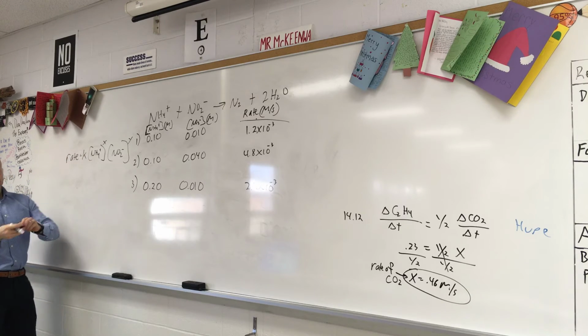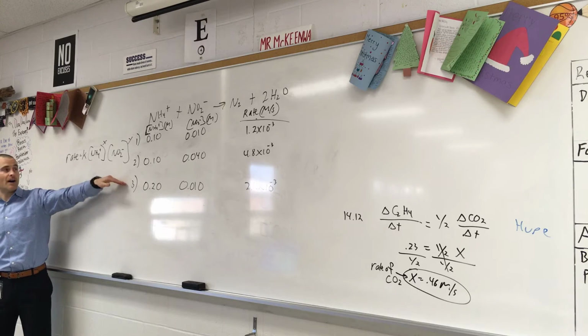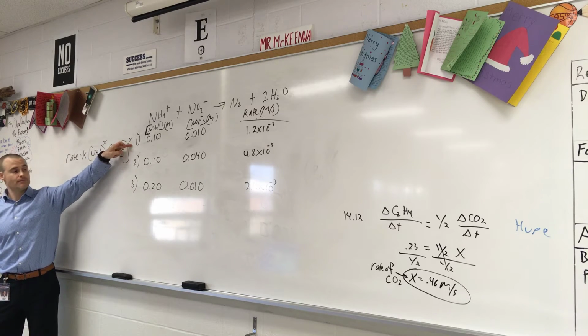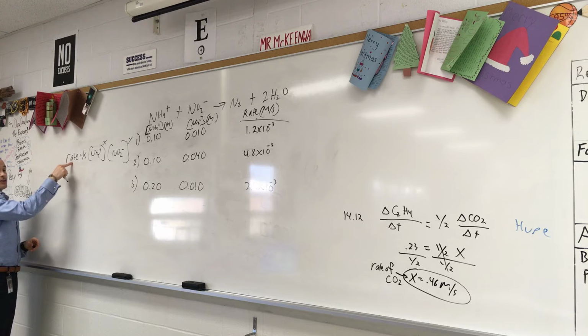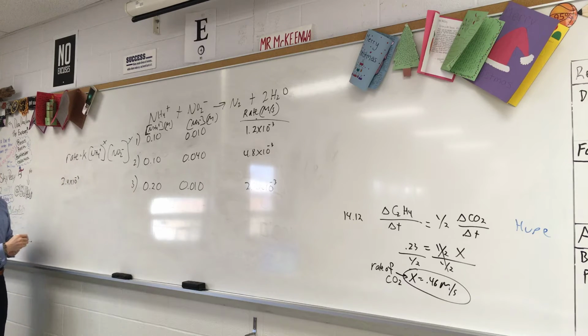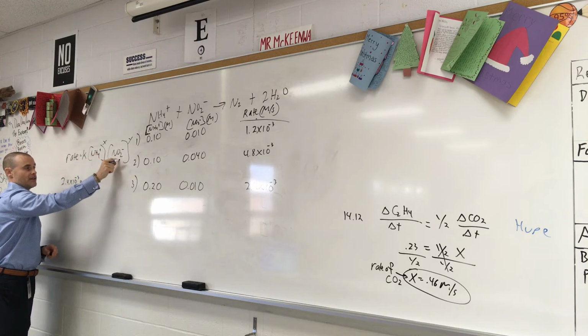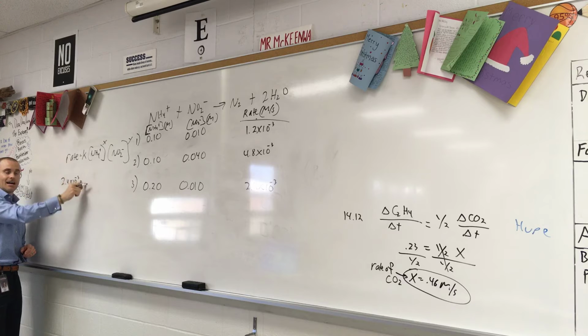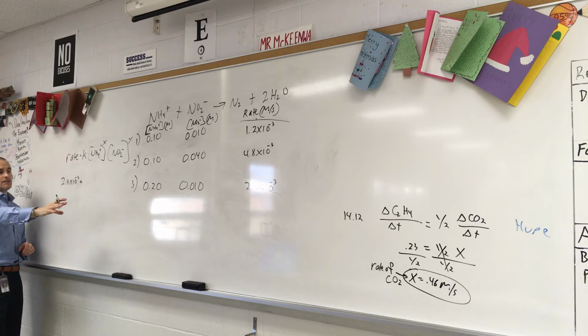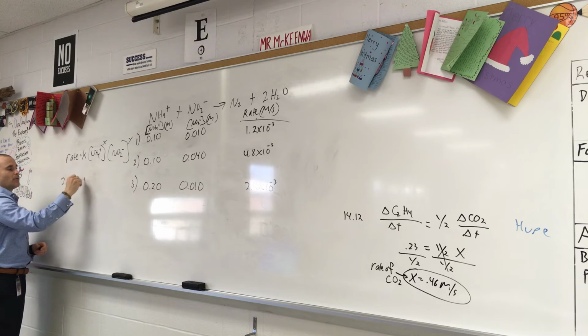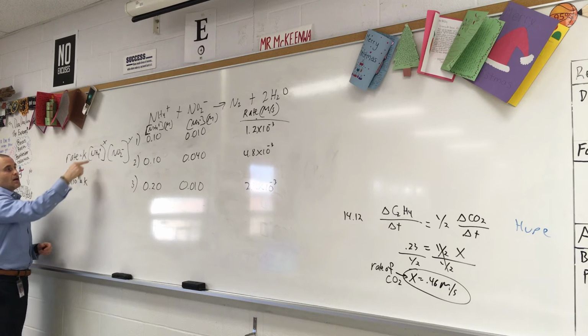Let's take reaction 3 and divide it by reaction 1. So let's do this. We're going to take the rate, 2.4 times 10 to the negative 3 equals, I'm going to write this whole thing out, I'm going to plug numbers in. But I'm not going to write K because it's constant, so it's irrelevant. Hopefully that makes sense. I mean, I guess I'll put it in, but I don't have a number.